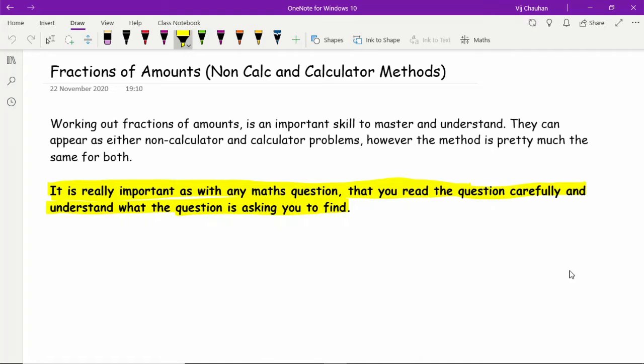I just think, right, that's what you do because I've been doing 300 other similar problems, but then the question's actually asking for something else, and that's why I get it wrong: I've not read the question carefully. So always take that extra little bit of time just to make sure that you understand what you're actually being asked to find.